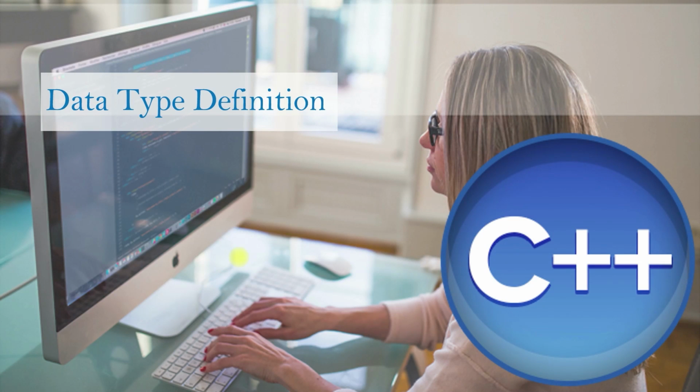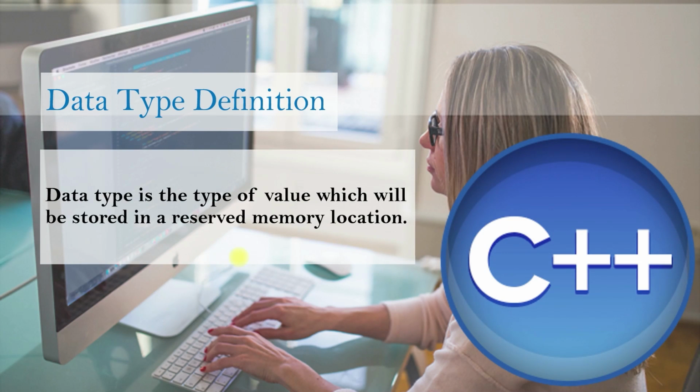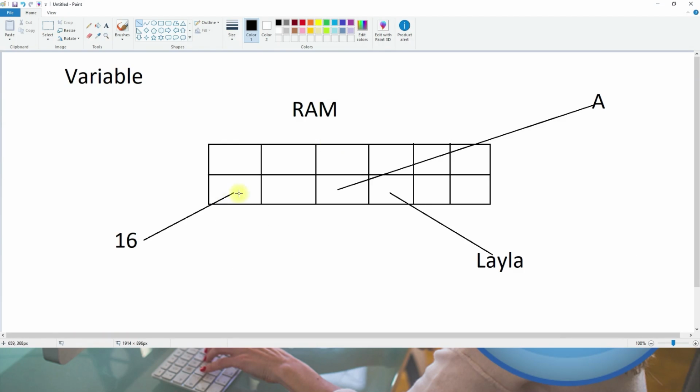Then we come to the next part: data type definition. What is a data type? A data type is the type of a value which will be stored in a reserved memory location. Look, the reserved memory location was a variable.